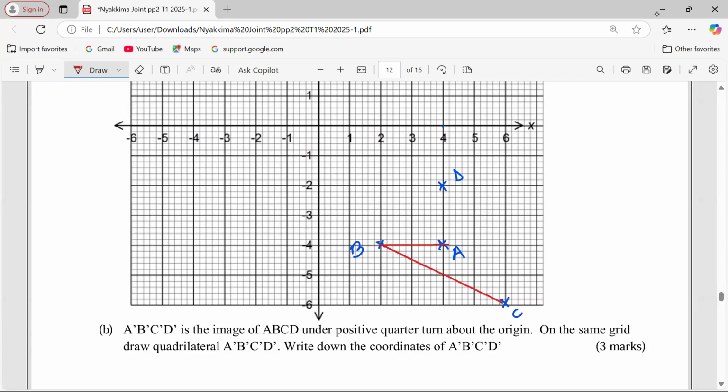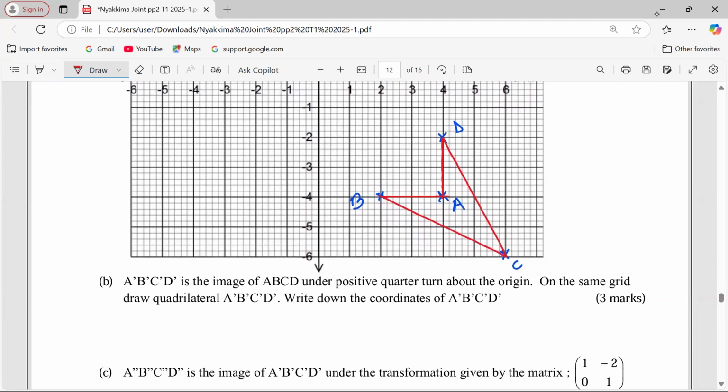From D, we come back to A. That's how you should have the diagram.